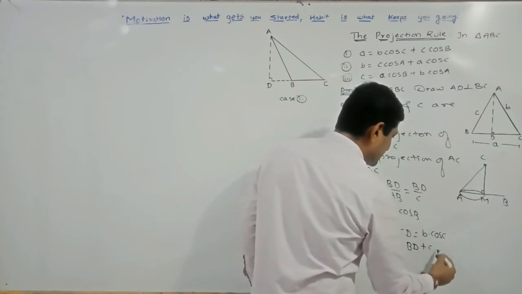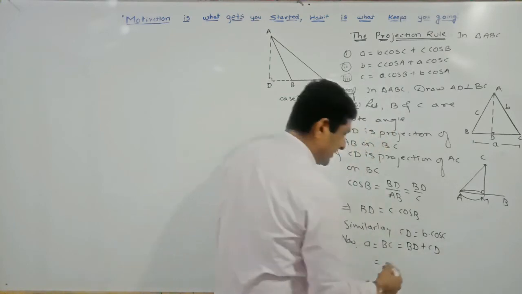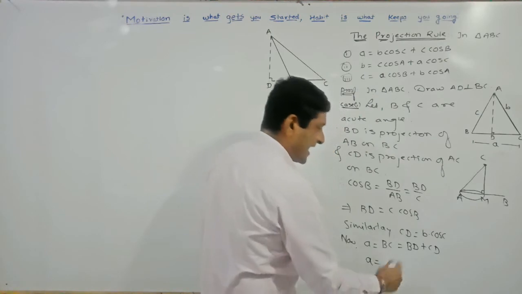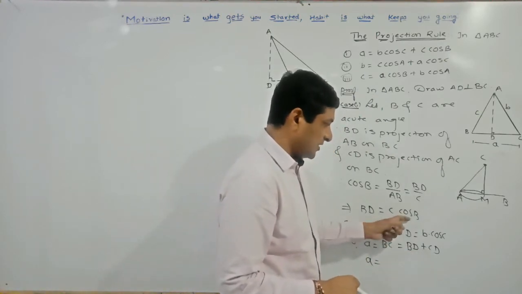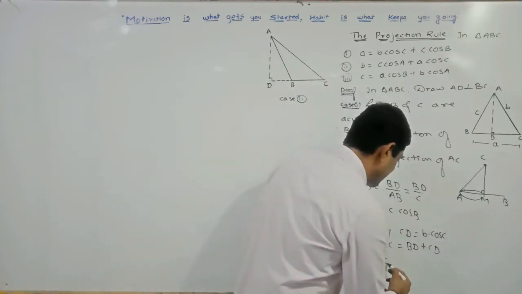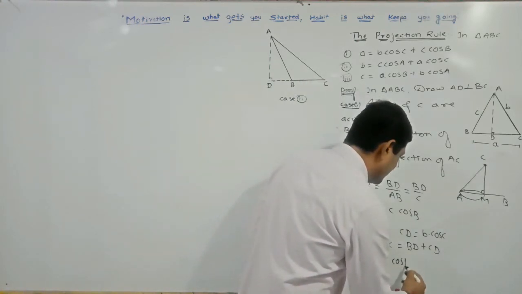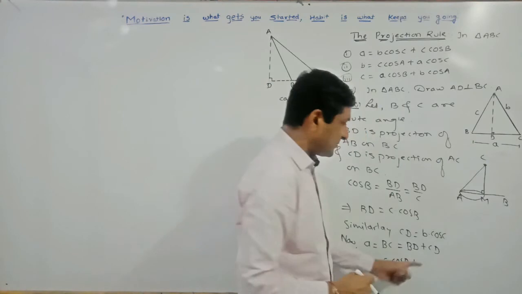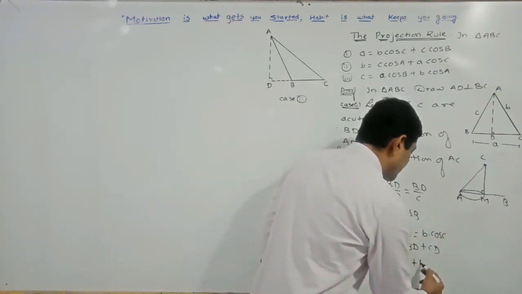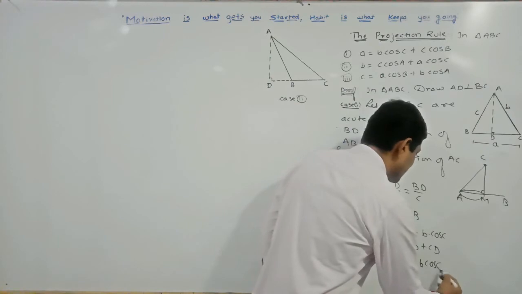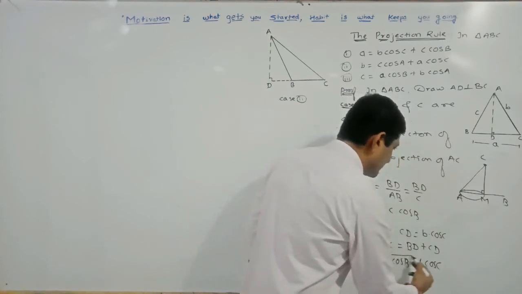Keep this left hand side a as it is. Now we are substituting the value of BD, which is already known to us. What is the value of BD? c cos B plus, now we are substituting the value of CD. Just now we have got the value of CD is equal to b cos C.